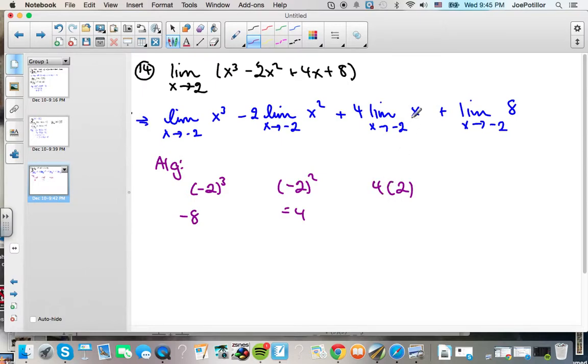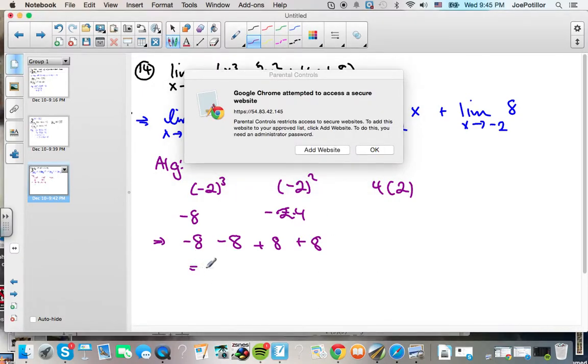So this ends up being negative 8 minus 8 again plus 8 plus 8, which is of course negative 16 plus 16, which is of course 0.